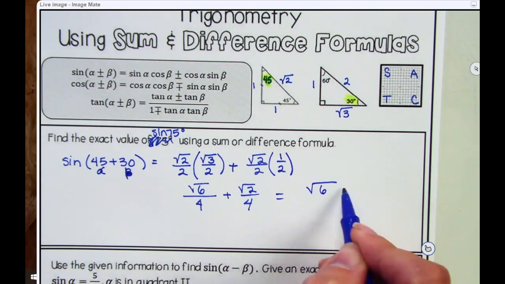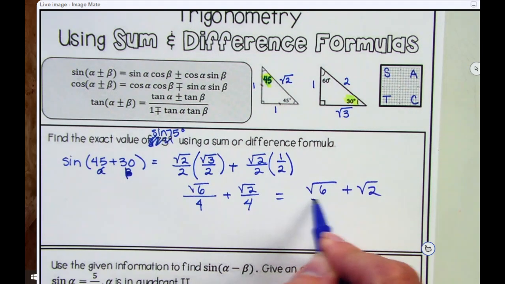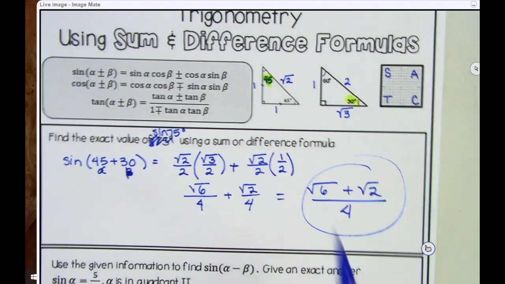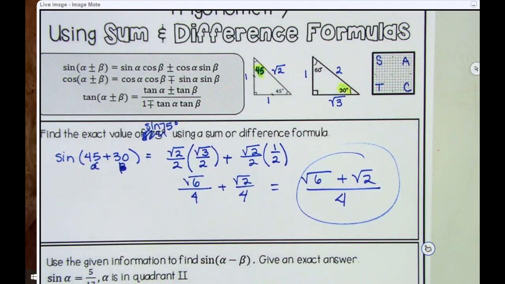We can take this a step further. We have common denominators, and that is your exact answer. It's not pretty, but that's your exact answer. I like this a little bit better than what we were doing last week because I feel like I'm not going in circles, but I don't know how you guys feel about it.